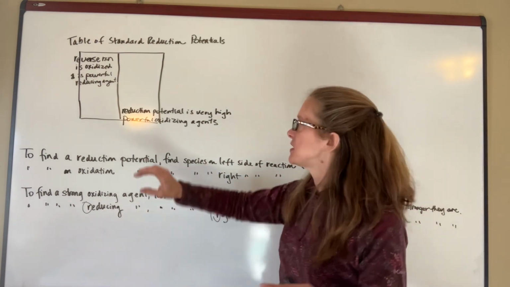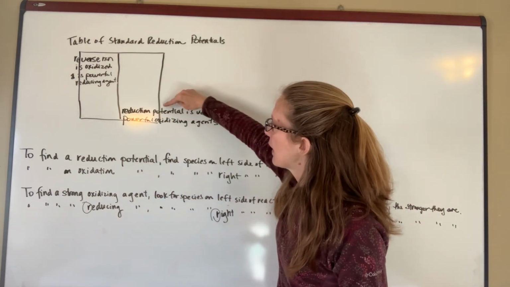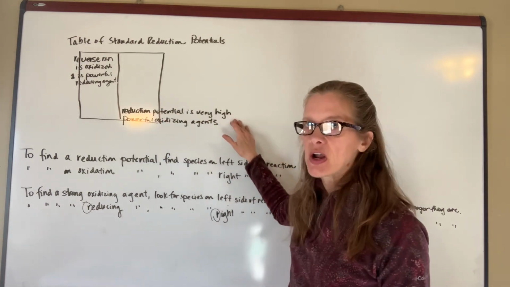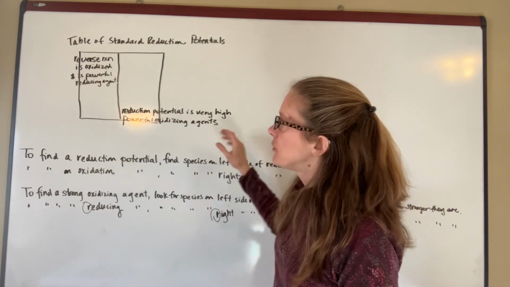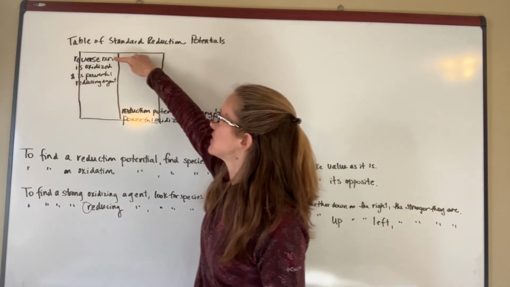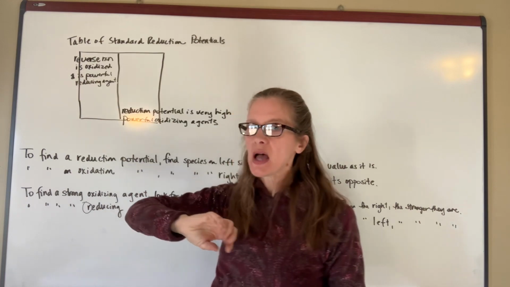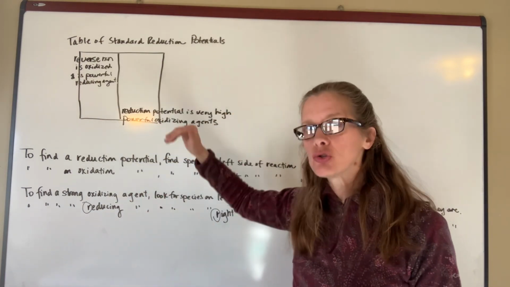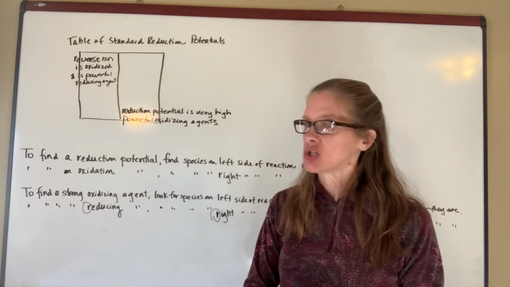So when I look at the table, down here at the bottom right-hand side, our reduction potential is very, very high. The reverse reaction is when things are being oxidized. Now, if you recall, something that is reduced is an oxidizing agent.